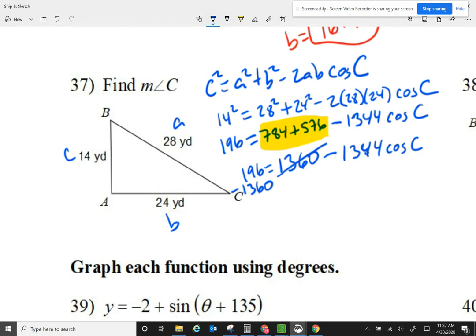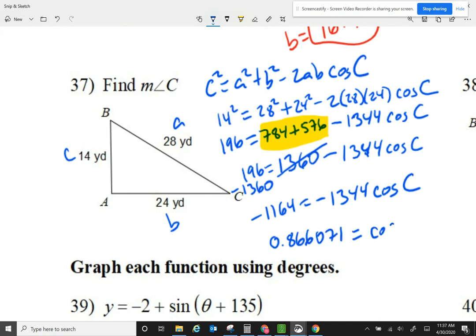I have that negative 1164 is equal to negative 1344 cosine of C. Let me divide both sides by a negative 1,344. So I have that 0.866071 is equal to cosine of C.